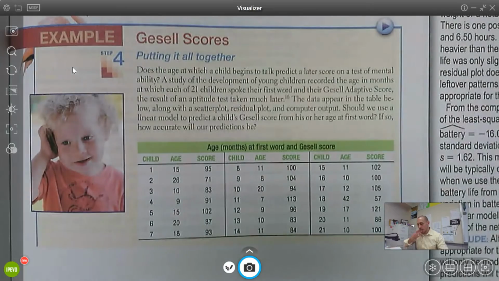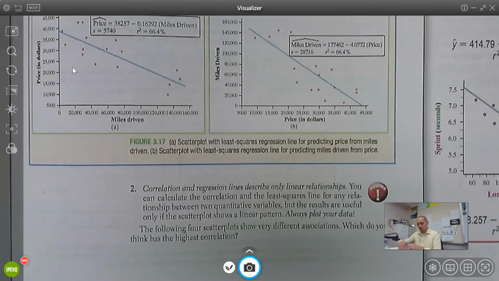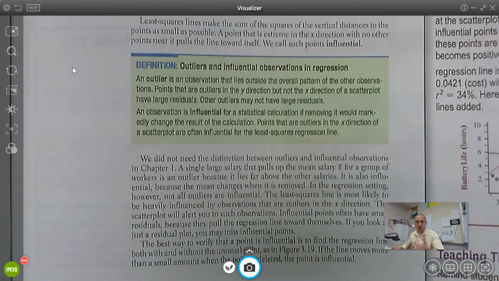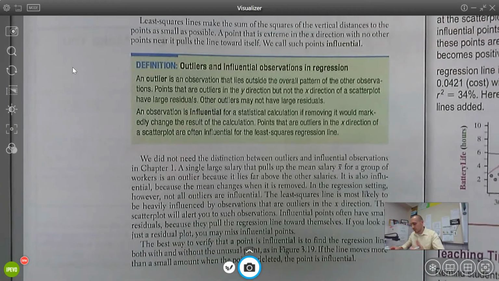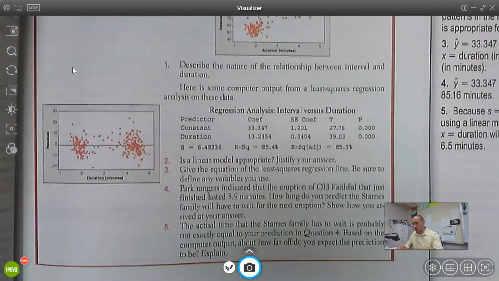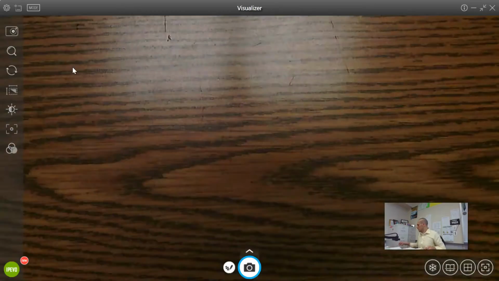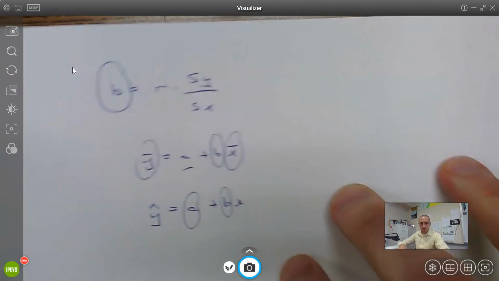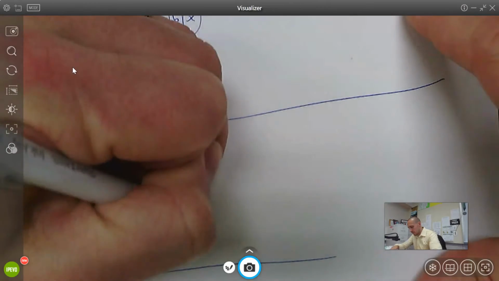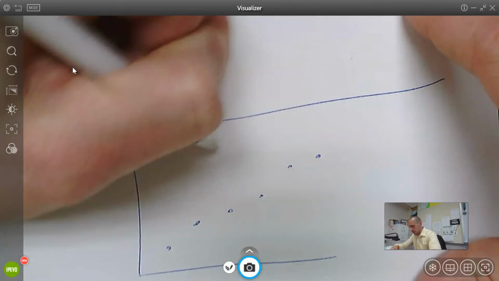All right, so let's talk about outliers. And we talked about outliers, influential points, high leverage points. So let's kind of talk about what those are. So in a scatter plot, a couple different kinds of outliers you can have.